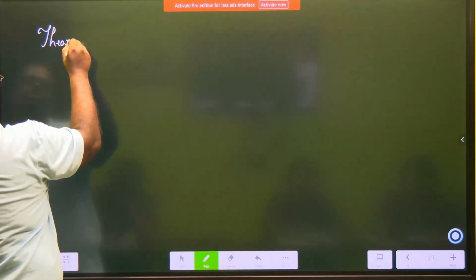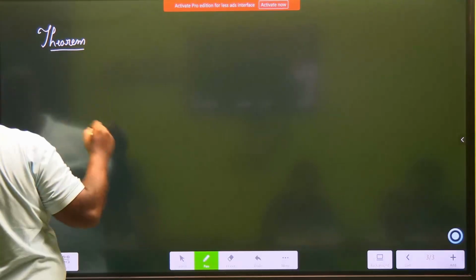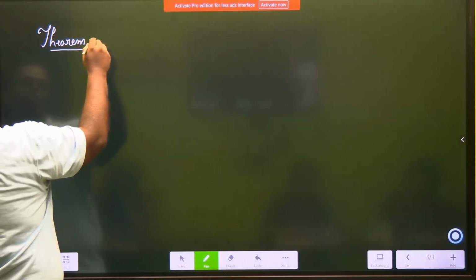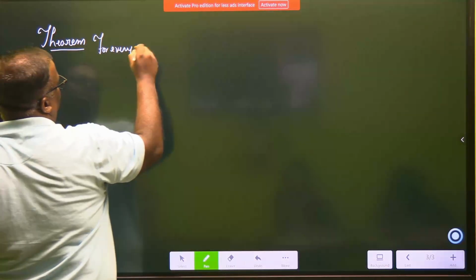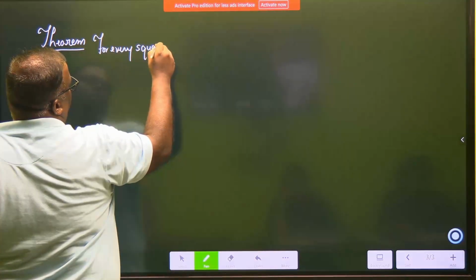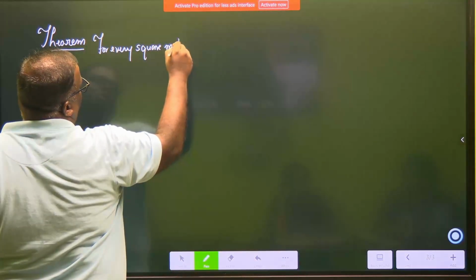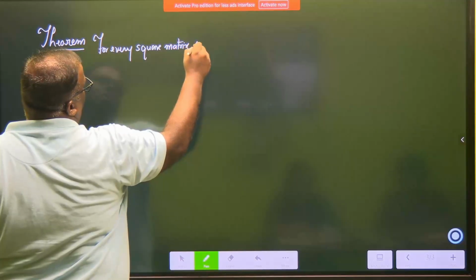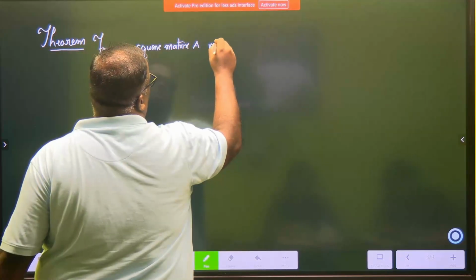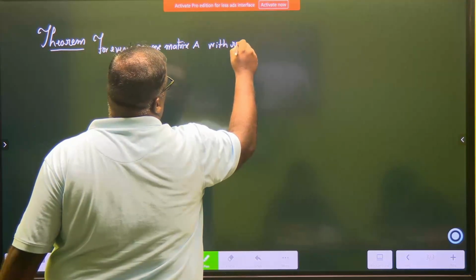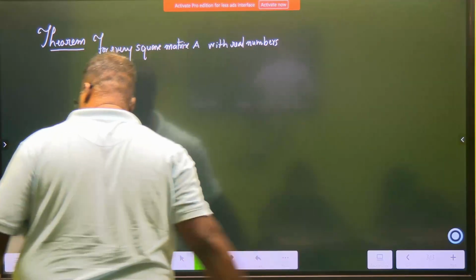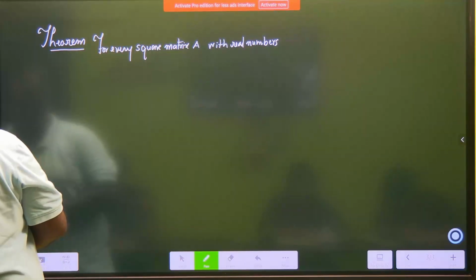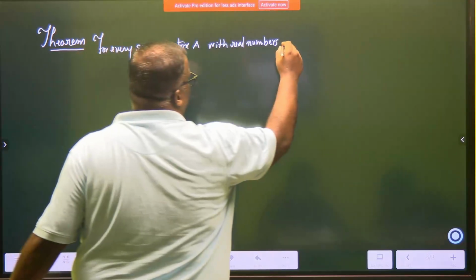The first theorem says that for every square matrix A with real numbers, mind you, so you can have natural numbers, integers, whole numbers with real number entries.